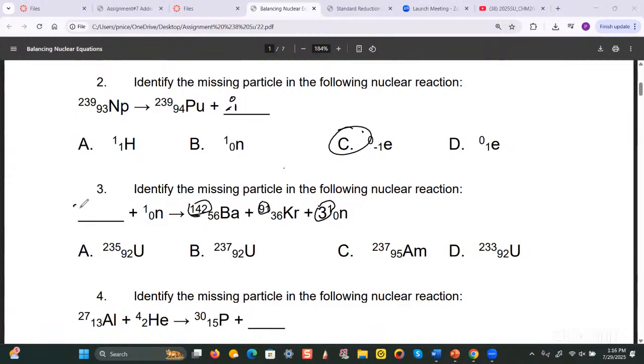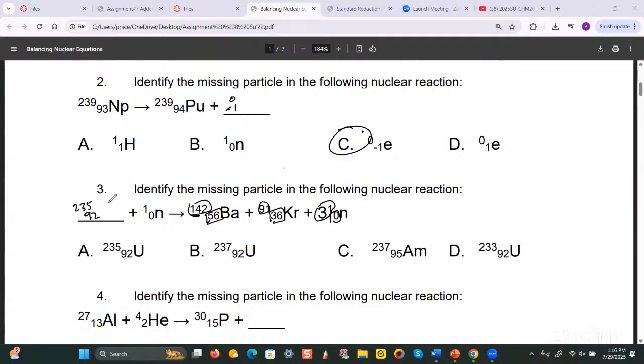So 235, all right? And now, as far as the atomic numbers are concerned, on the right side, we have 56, 36, and 0. So 56 plus 36, according to my calculation, that's 92.